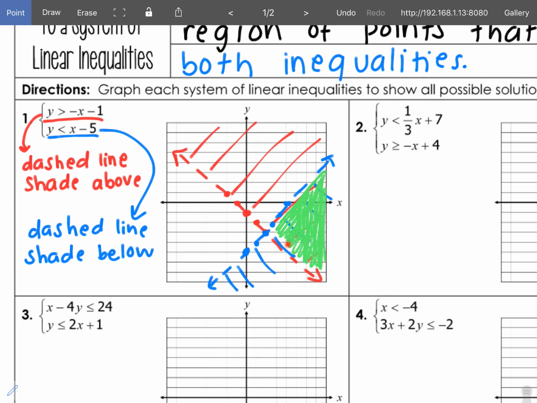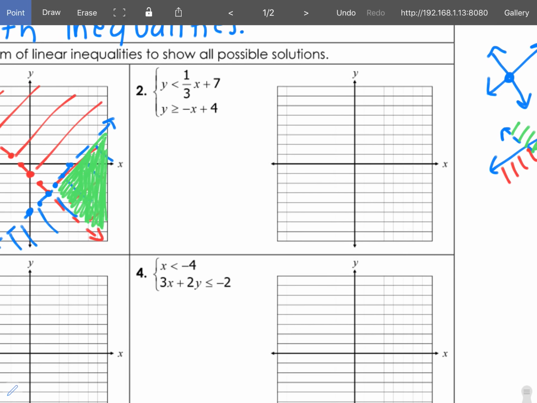So any point that you choose in this green section, and it keeps going on, right? It goes on to infinity. The graph stops here, so we just stop shading there. But any point you pick in this green region and you plug into both lines is going to be true for both equations. So that's what that means.